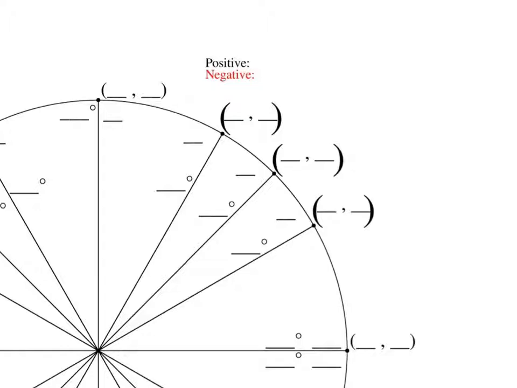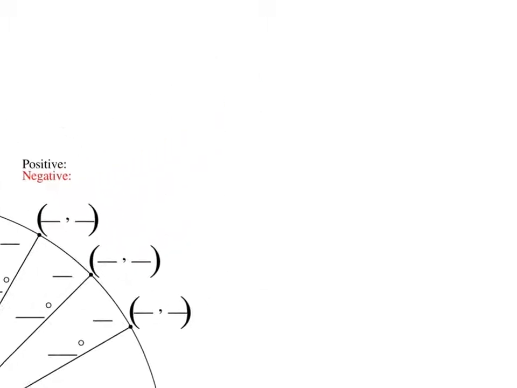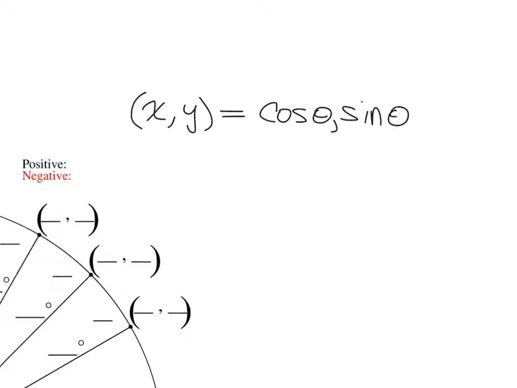The coordinates, x comma y, correspond to the cosine and sine of particular values. So x and y is the same as cosine of theta comma the sine of theta.